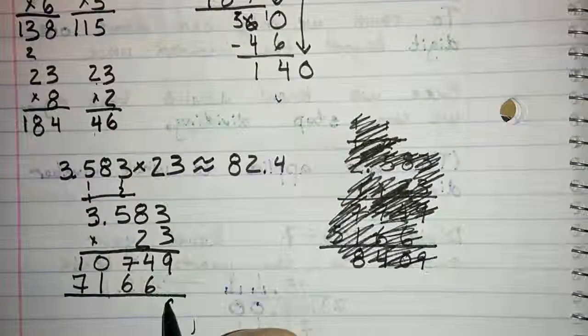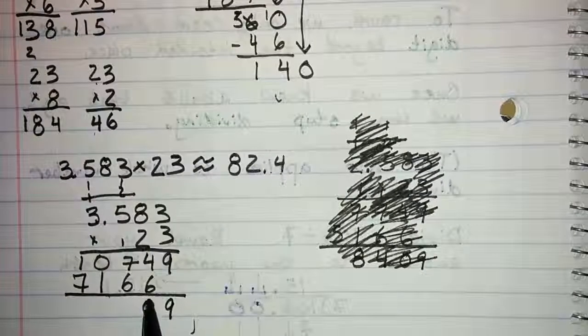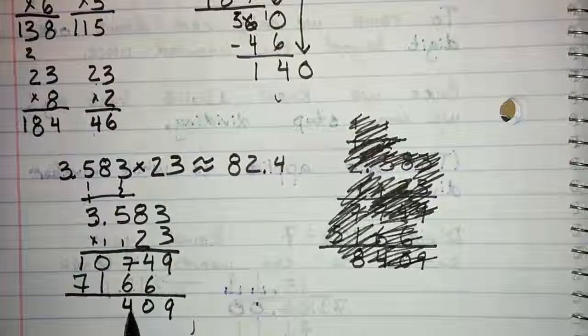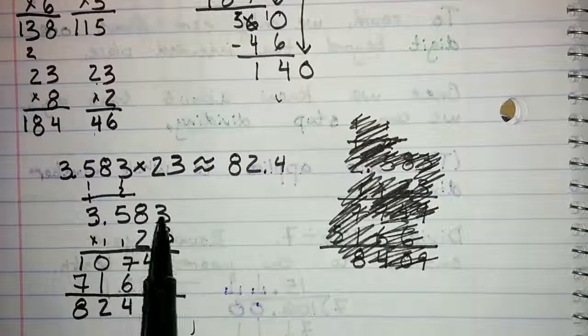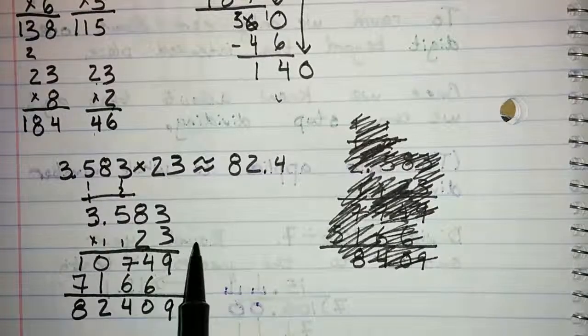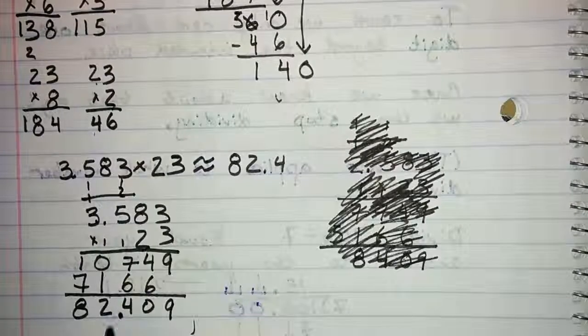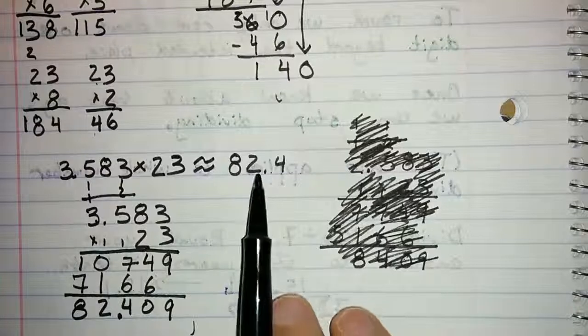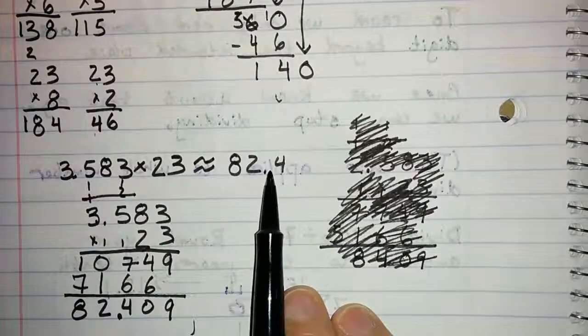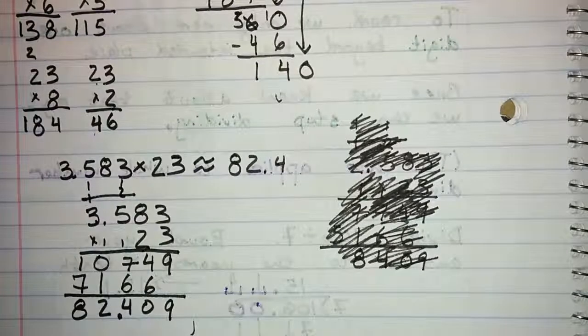Adding those up, we'll have 9, 10, 14, 2, 8. 1, 2, 3 digits to the right of the decimal point. 82.409. Not exactly 82.4, but very, very close.